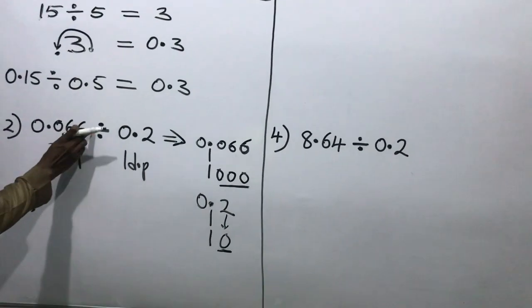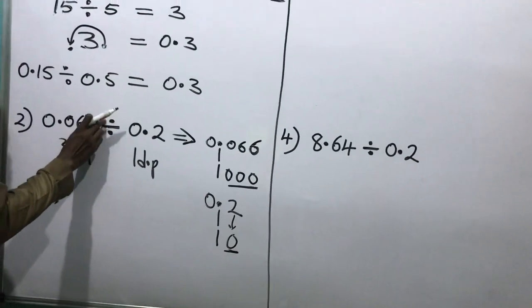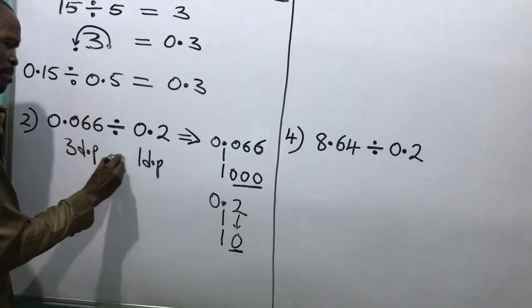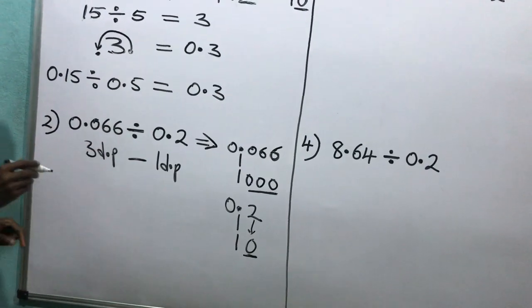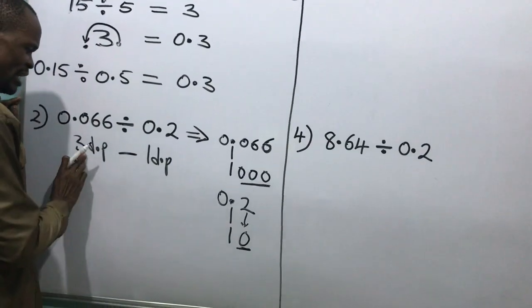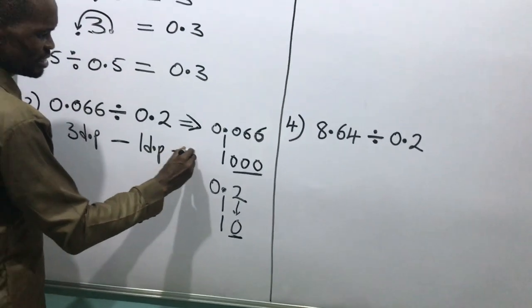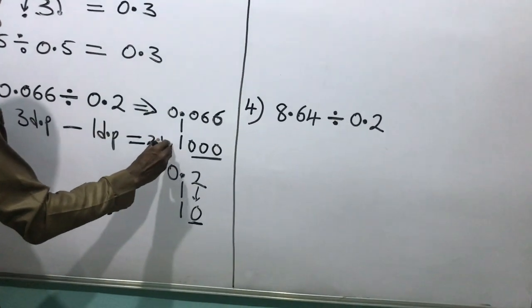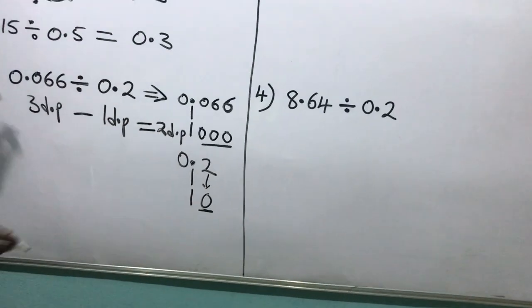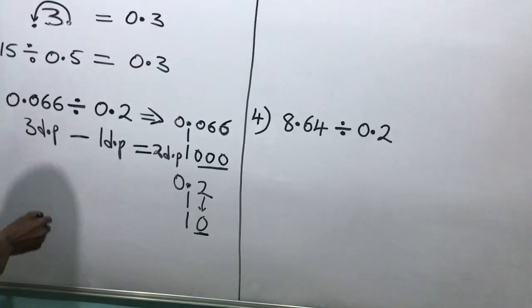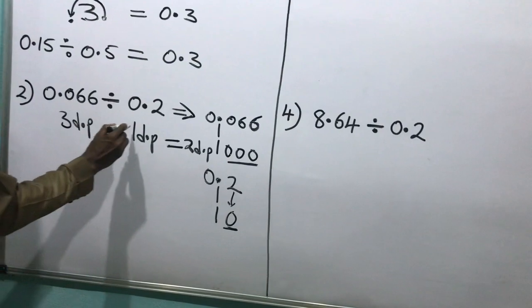Then that implies division. Division in logarithm and indices is minus. The 3 decimal places minus 1 decimal place will give me 2 decimal places as my total decimal places. 3 minus 1 gives me 2.